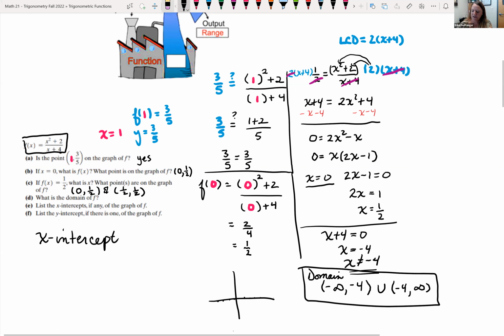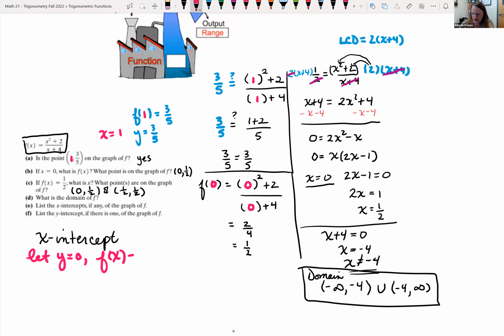So for x-intercepts, to find those, you're going to let y equal 0. Or another way to say that, f of x is just another way to write your y value, your output. Or let f of x equal 0, and then we're going to solve for x.